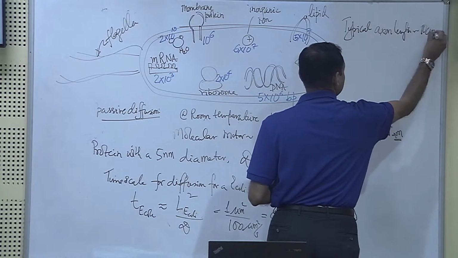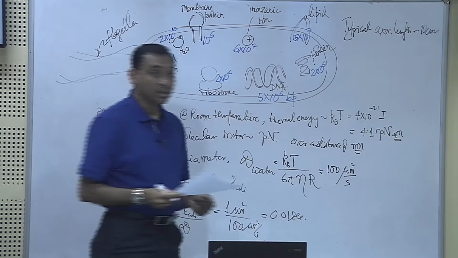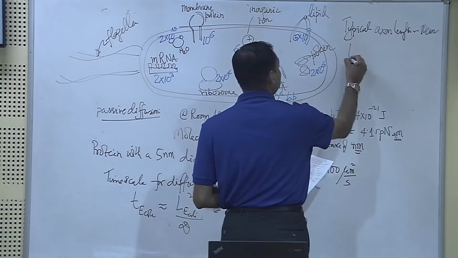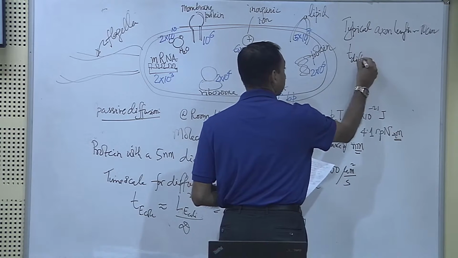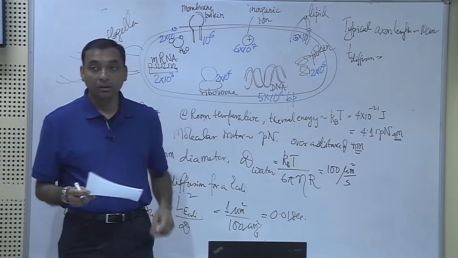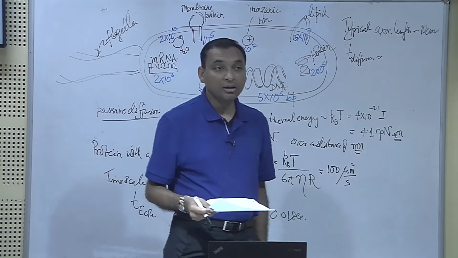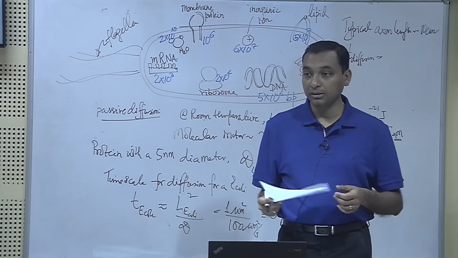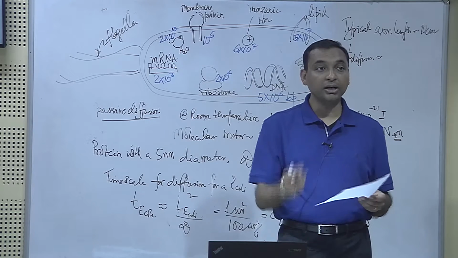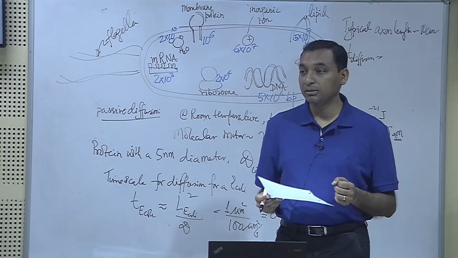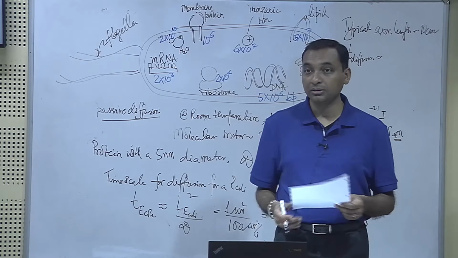Okay. So if it is such a large scale, what will be the diffusion time scale for these systems? If it is an axon that we have in our central nervous system, they are really long, right? So now if the protein has to move along an axon, what will be the time scale required for this passive diffusion?